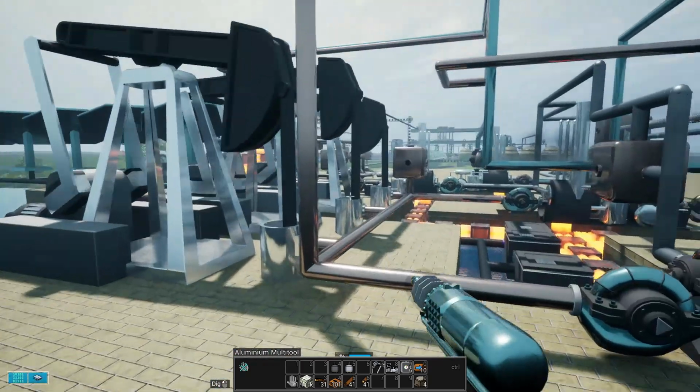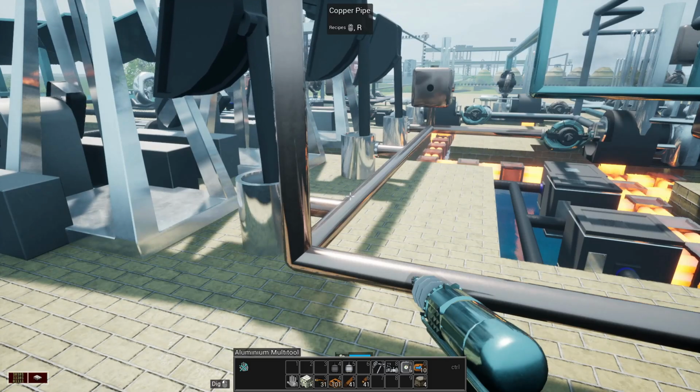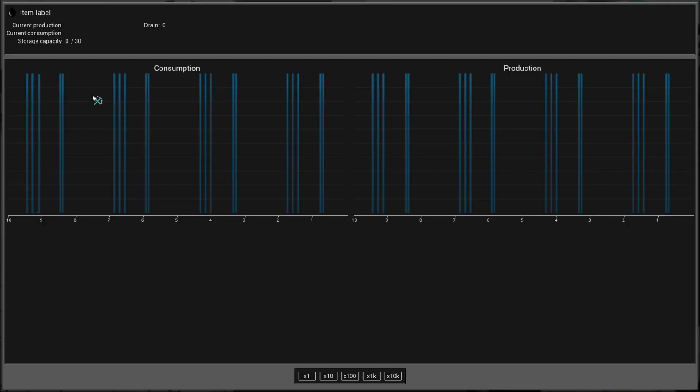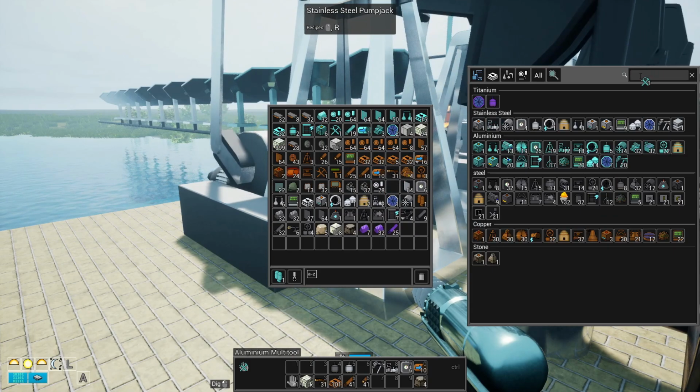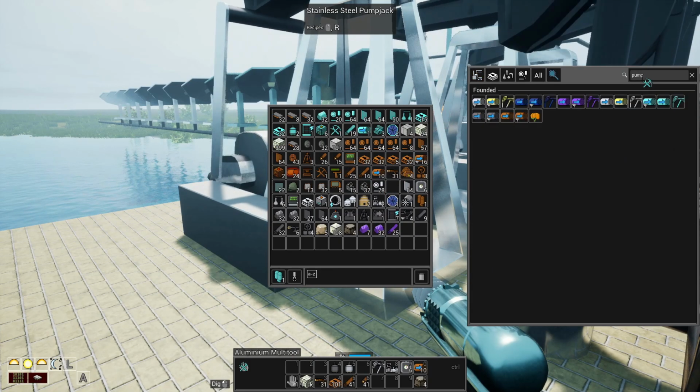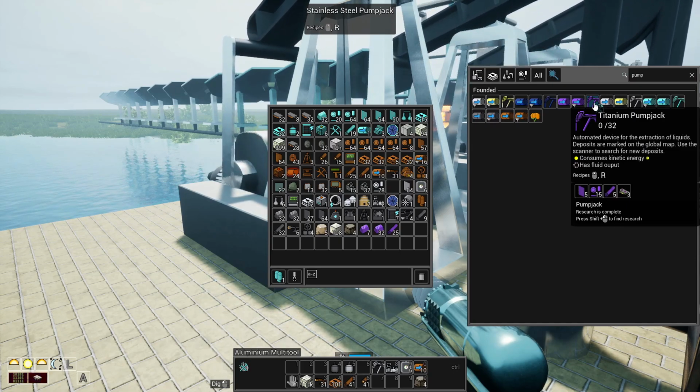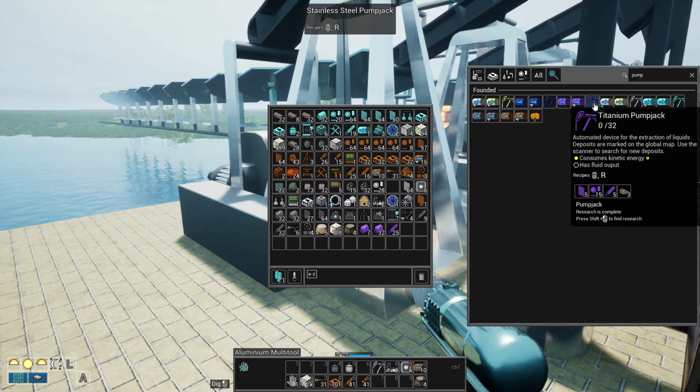Do we really need a jillion more pump jacks? We could try for the titanium level pump jack. No, we can't because look, it needs that fancy chip.